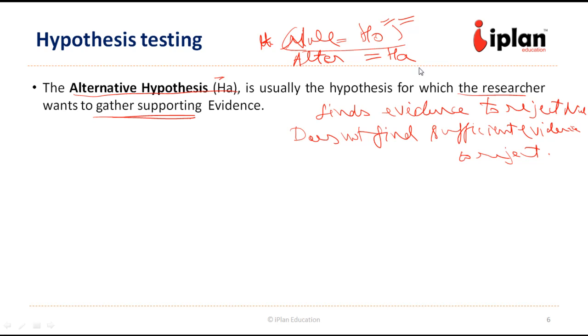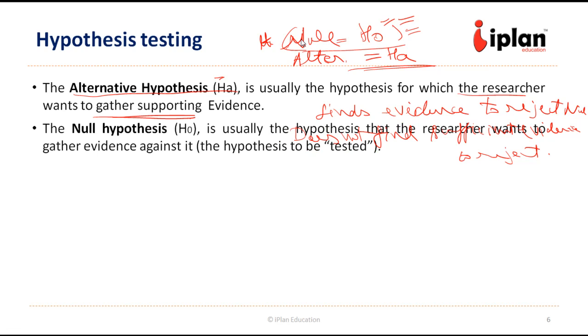If we find sufficient evidence, we can reject the null hypothesis and support the alternative hypothesis, or we can say that we have not found enough evidence to reject the null hypothesis. So there are only two cases. The null hypothesis is usually the hypothesis that the researcher wants to gather evidence against. That is the hypothesis to be tested, and the alternative is the one we are trying to support.